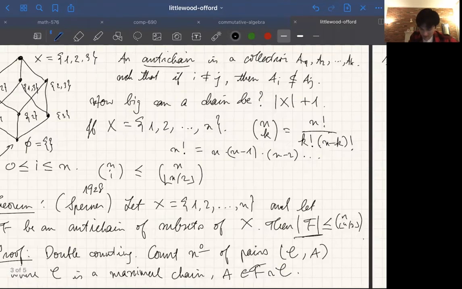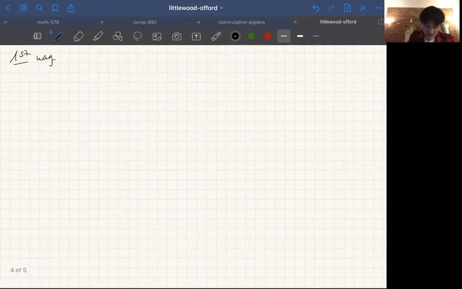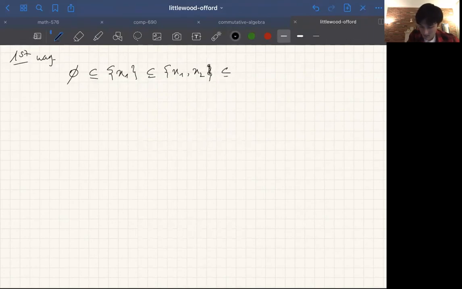How many maximal chains can there be? A maximal chain always starts with the empty set, and then there's some x1, then x1, x2, where x1 could be anything in 1 through n, and x2 is something different from the first one. Eventually you have X, which is everything: x1, x2, through xn, equal to 1, 2 through n in some order.